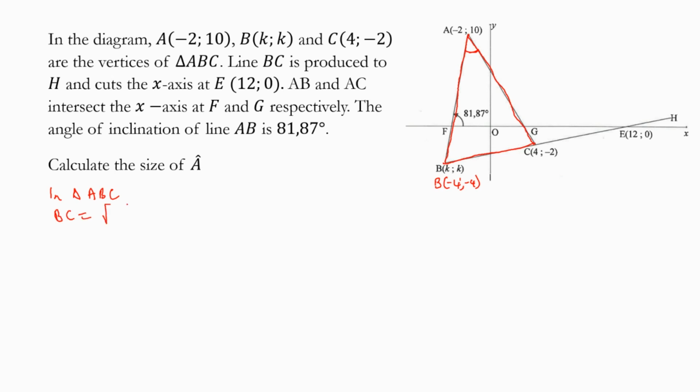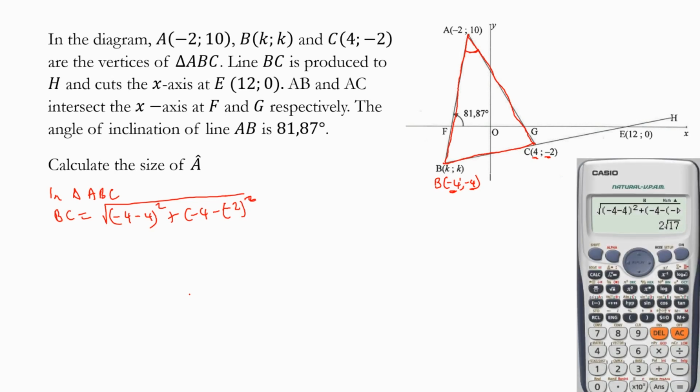BC is going to be the square root of (-4 minus 4) squared plus (-4 minus -2) squared. Then put this in the calculator. Then we find the length of BC. If you're finding the length of BC, you must get 2 root 17.